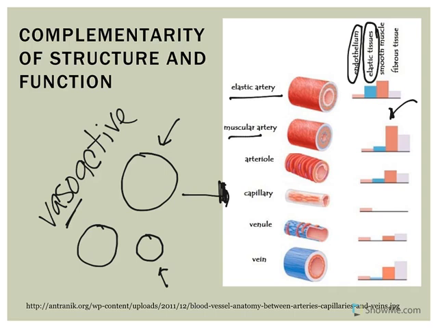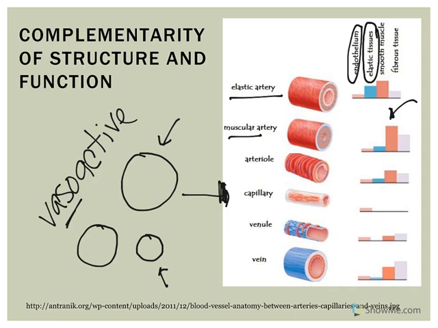We do have different amounts of smooth muscle in different blood vessels. Like I mentioned, we have a different amount of elastin fibers in blood vessels. So this is just looking at that concept of complementarity of structure and function and applying that to blood vessels.